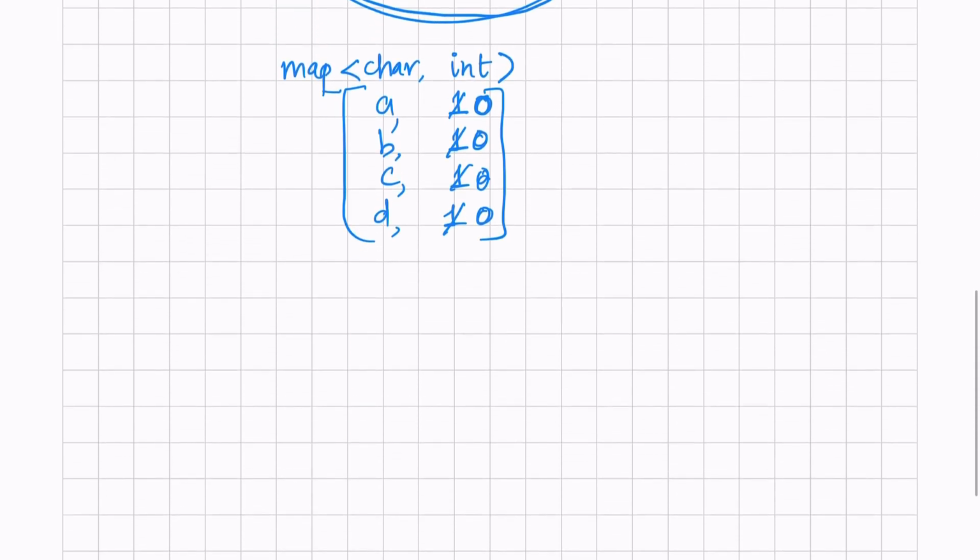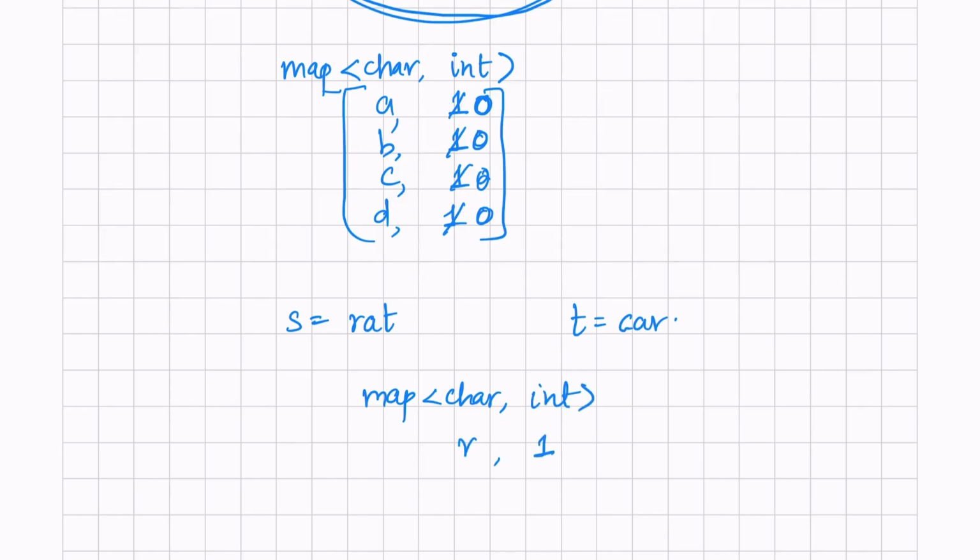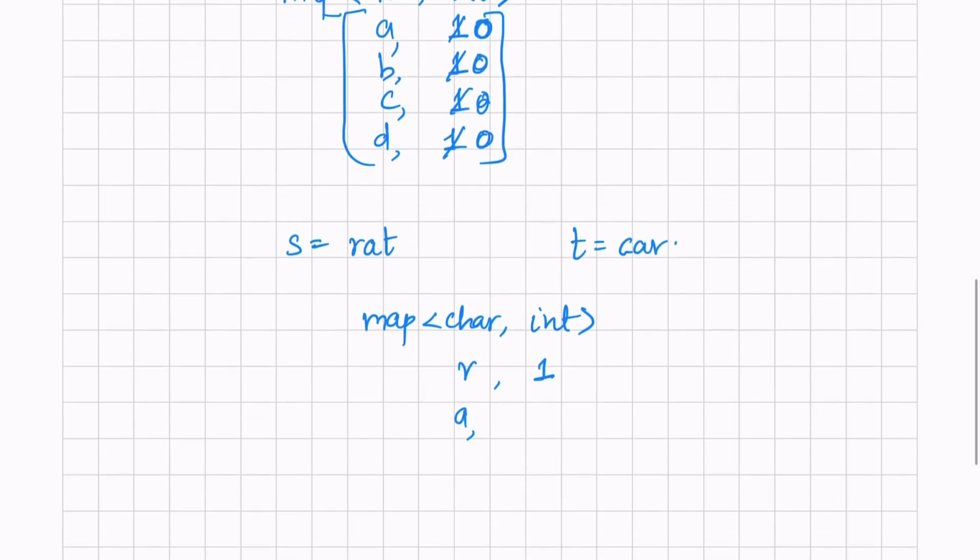And let's prove that with an example. Let's take the example that Leetcode gave us. So S equals rat and T equals car. We have a map of chars and ints. Let's count characters in S. So we have 1 R, 1 A, and 1 T. And for each character in T, we are going to subtract 1.